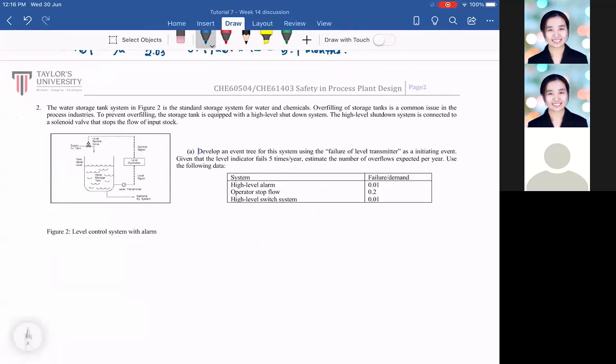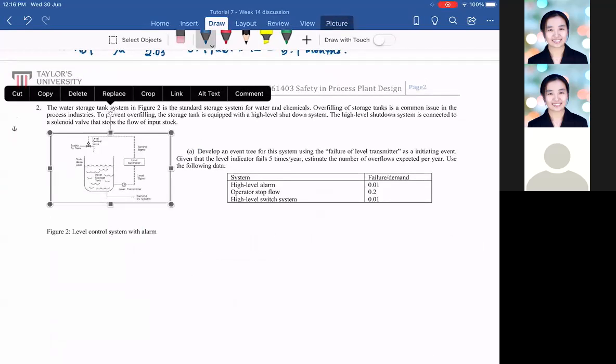Okay, so first we develop an event tree for the system using the failure of the level transmitter. Oh, this is too small now.